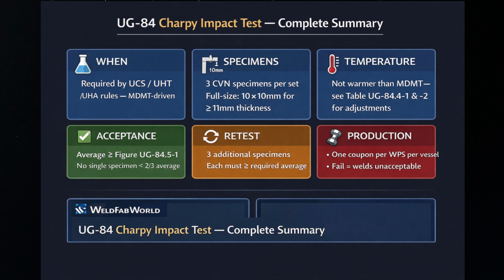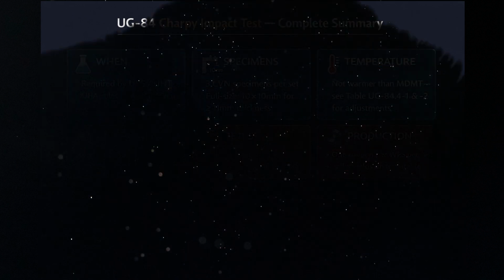Acceptance is against Figure UG-84.5-1. Average of 3 specimens must meet the curve value, and no single specimen can fall below 2/3 of that. Retest is available under limited conditions. And production impact testing covers every welding procedure on every vessel, with immediate weld rejection if it fails.